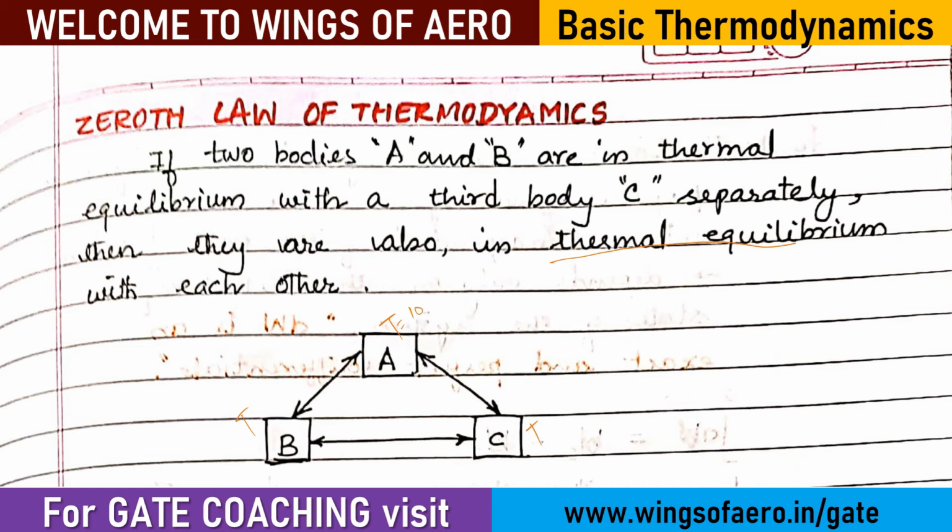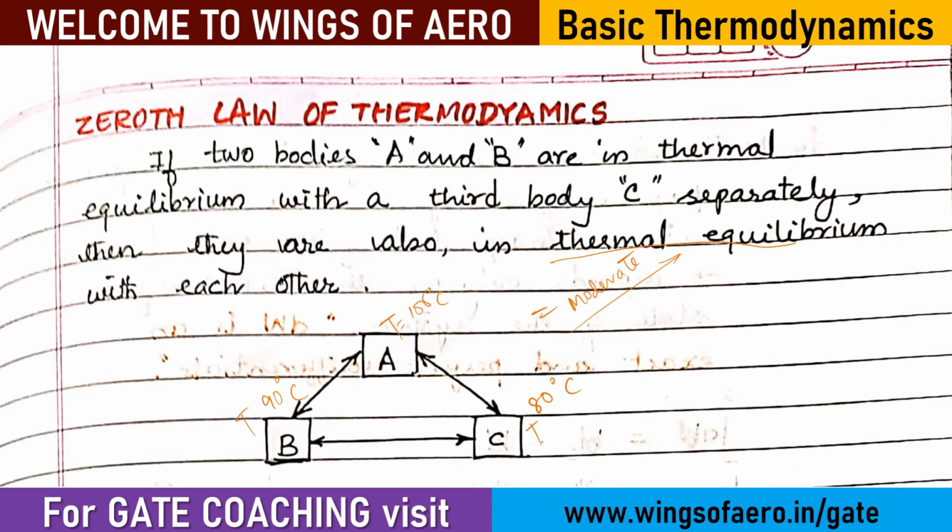If here we have 100 degrees Celsius, here 90 degrees Celsius, and here 80 degrees Celsius, at some point when we connect them all together, it will settle to a certain moderate value, because of the thermal equilibrium.